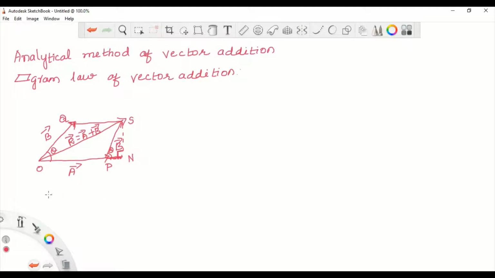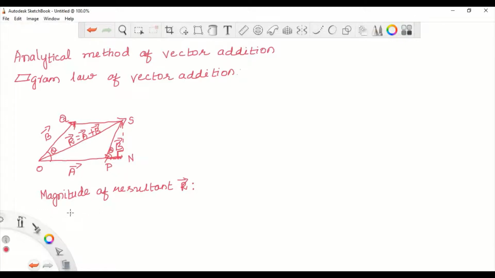In order to find the magnitude of resultant R, we have drawn this SN perpendicular to this OP produced.